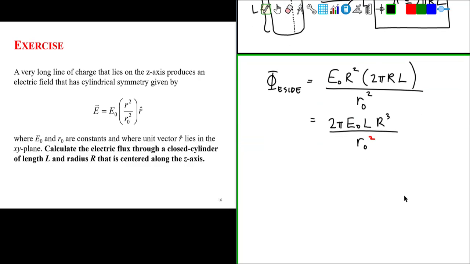And so the total electric flux then, remember, that was the electric flux through the top surface plus the electric flux through the bottom surface plus the electric flux through the side.